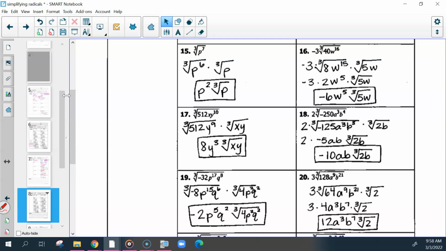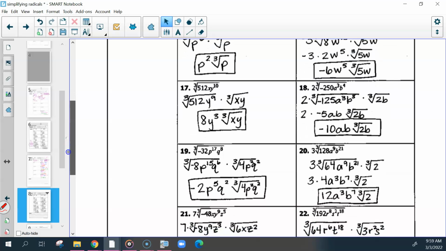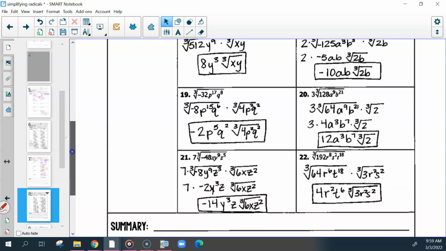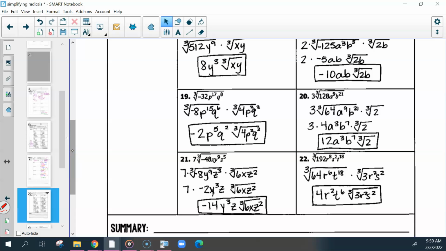I know most of you put this away, so just look and you can check your answers later. 15 was p squared times the cube root of p. 17 was 8y to the third times the cube root of xy. 19 was negative 2 times p to the fifth times q squared times the cube root of 4p to the second power times q to the second power.